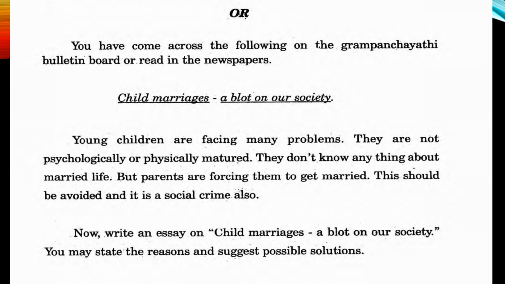Now write an essay on child marriages, a blot on our society. You may state the reasons and suggest possible solutions. So students, hope you understand what the question is here. Here you have to prepare a major discourse, essay. How many marks does this include? Yes, this includes 10 marks.